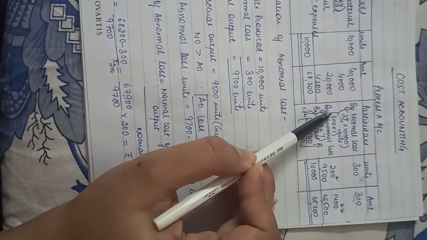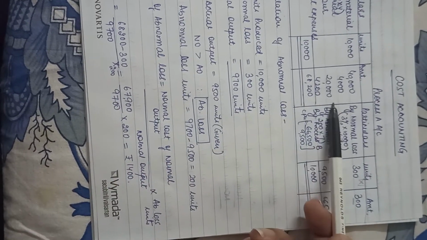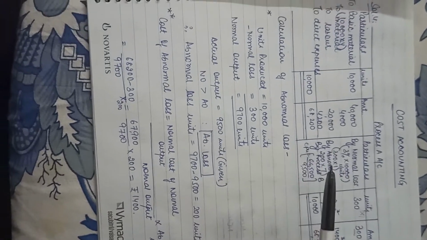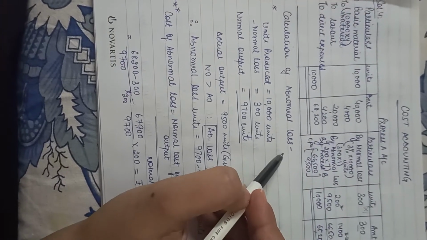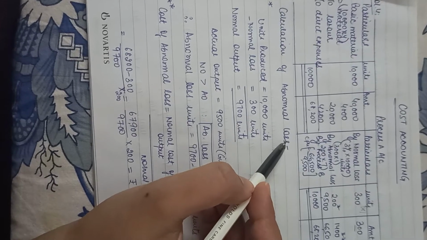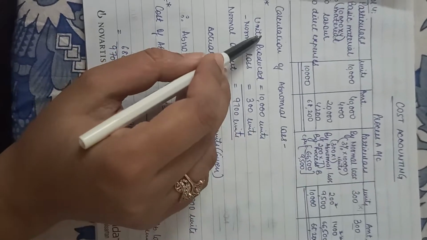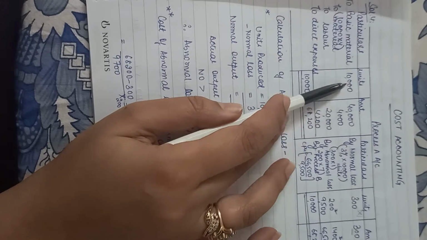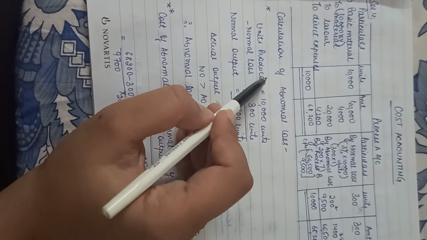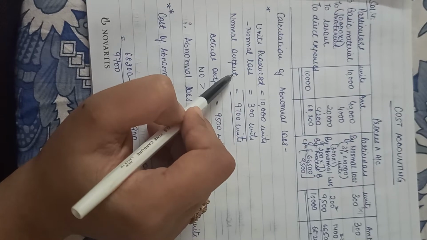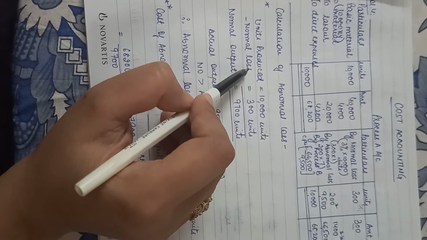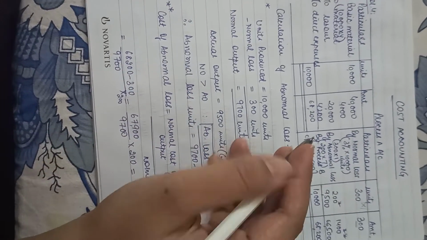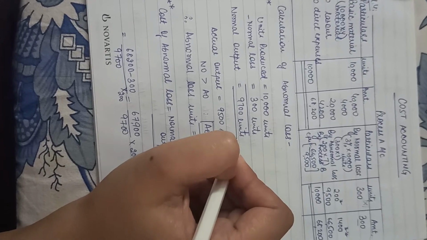Now how can I get to know whether it is abnormal loss? Before this calculation, you have to come to the working note for the calculation of abnormal loss or abnormal gain. Units produced 10,000. You have to pick this number of units. Units produced minus normal loss gives normal output. Normal loss is how much? 300 units. This is all the calculation for units, right?